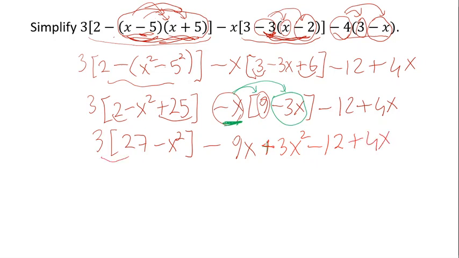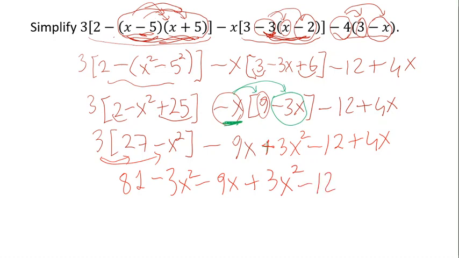And then let's do this one also. 81 minus 3x squared, negative 9x plus 3x squared minus 12 plus 4x. And then we add the similar terms. We simplify them.